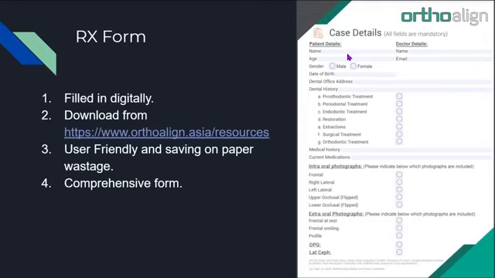From your computer you can just click in and type in the name, the age, the gender, the chief complaint, and the expected treatment. It's a very comprehensive form, so spend your time on this so that our orthodontist will be able to plan according to what you are expecting. It's very user friendly, and we save a lot of paper, so no wastage of paper.